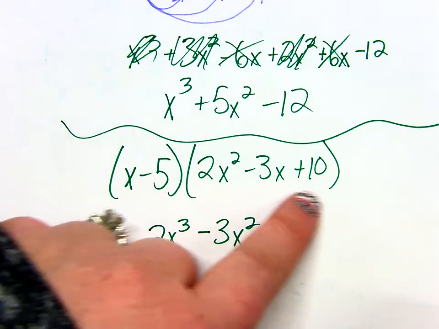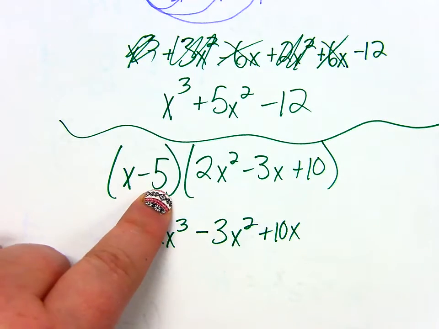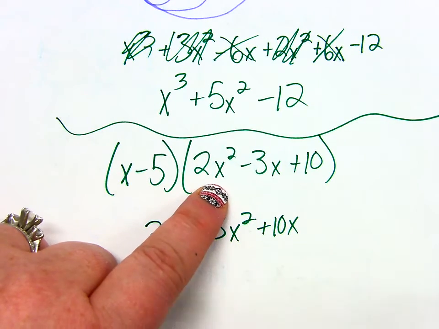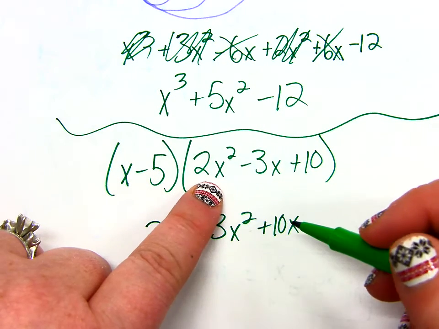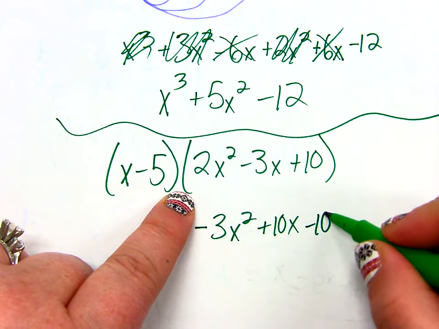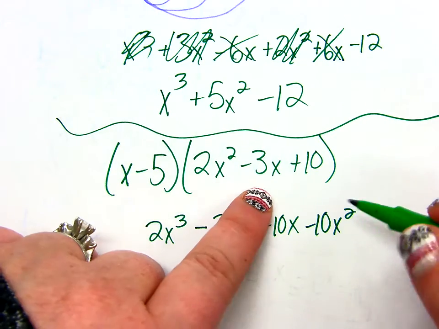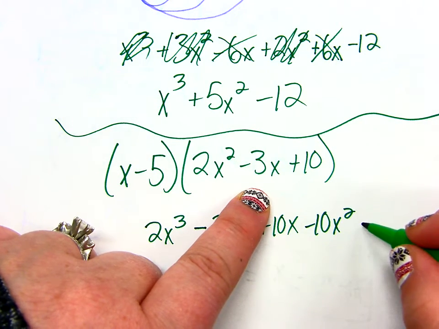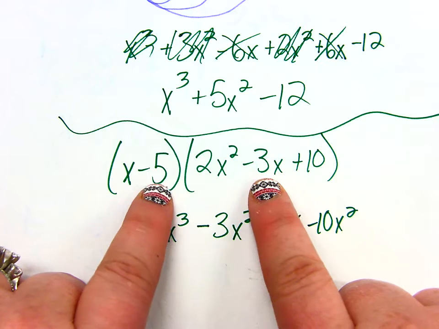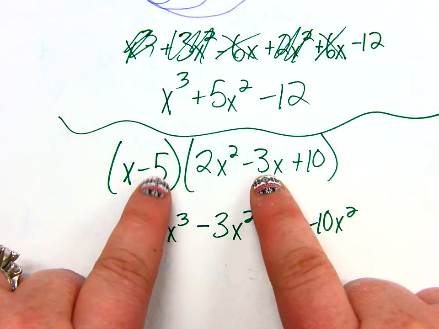I have to do negative 5 times all these. So negative 5 times 2x squared, Elise, would be what? Negative 10x squared. Perfect. And then negative 5 times negative 3x, Bridget, would be what? Multiplying these two together, negative 5 and negative 3x.